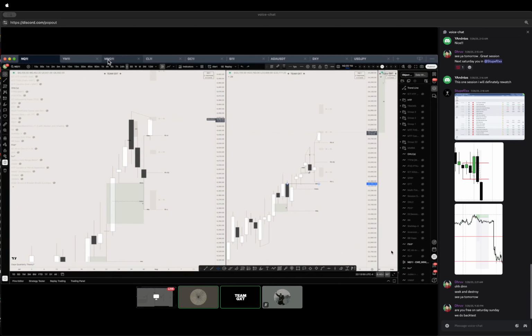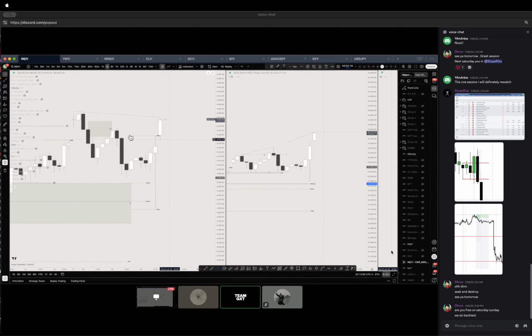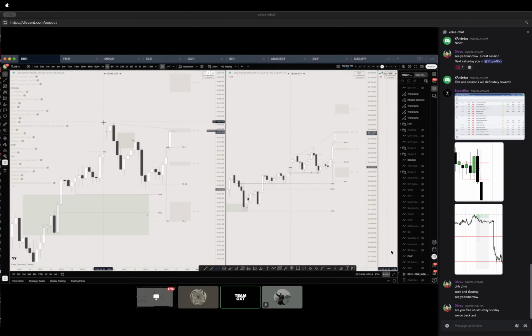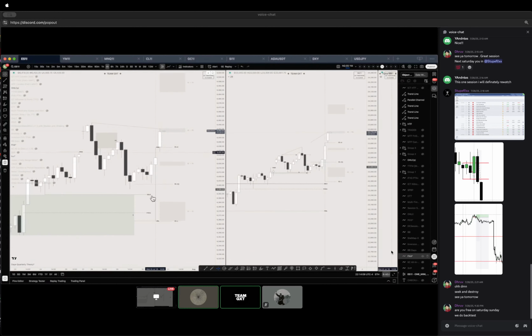All right, that's all we need there. Okay, here was that FOMC manipulation into this daily fair value gap, sweeping out this sell side liquidity.